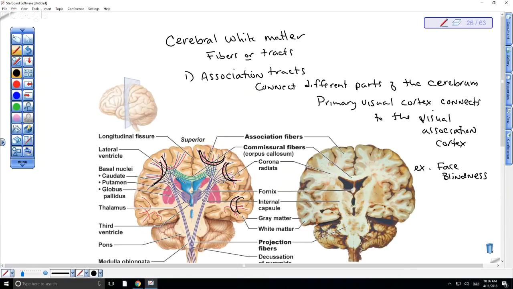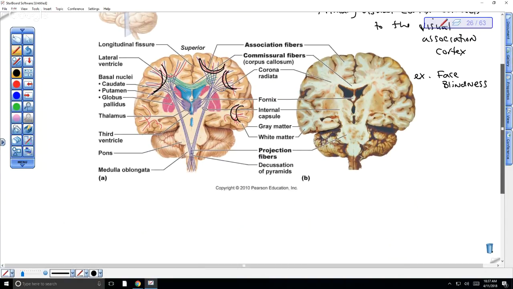So the other type we have is the commissural fibers. And these connect the two hemispheres.